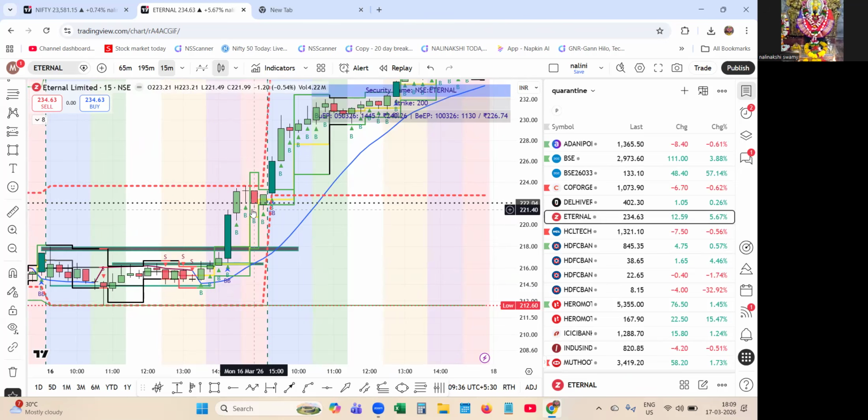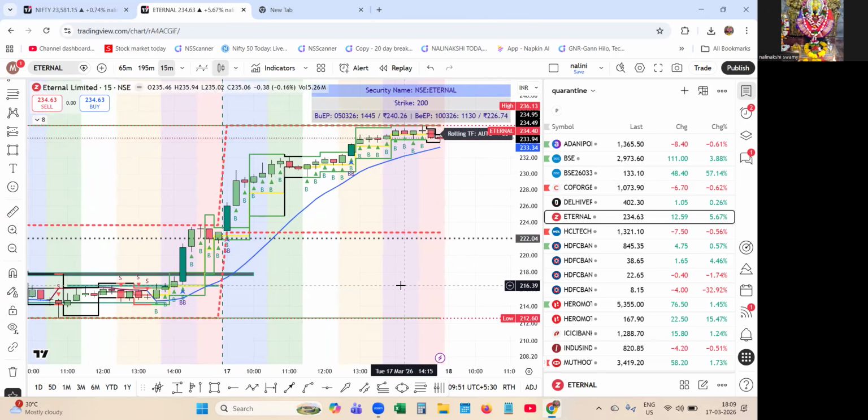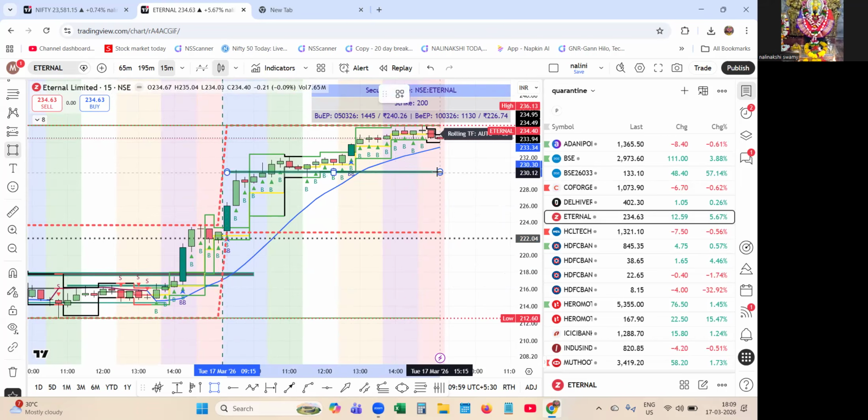So when the market opens, I don't enter into the market. I wait for the market to show me the high and low of the day, the initial high and low of the day. That becomes a guideline for my trade. See, 1, 2, 3, 4. So this is the high of the day and this is the low of the day.